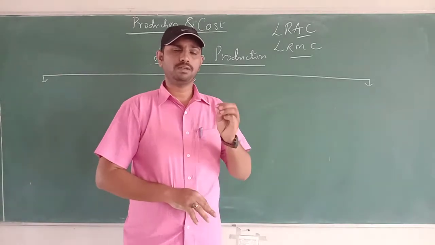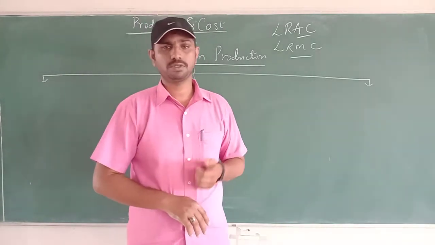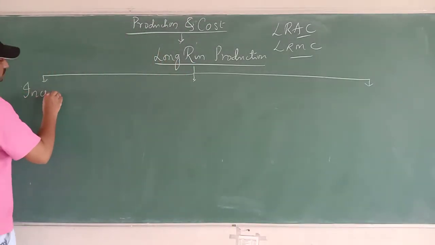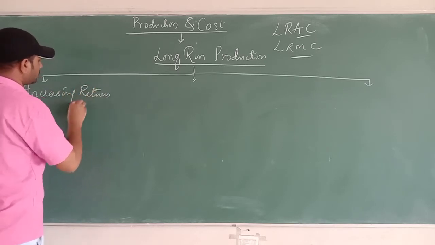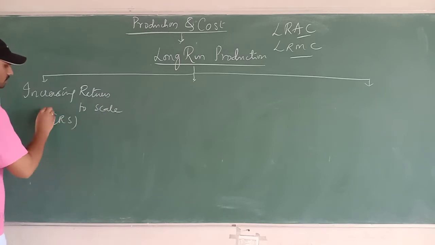But now, long run production is again classified into three stages. The first one, increasing returns to scale, which is known as IRS.